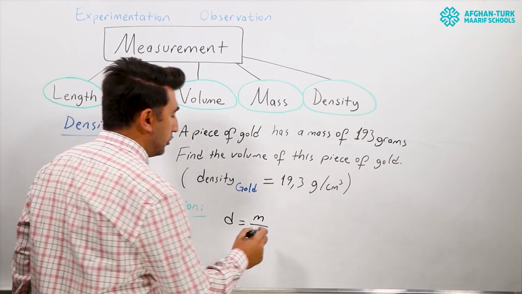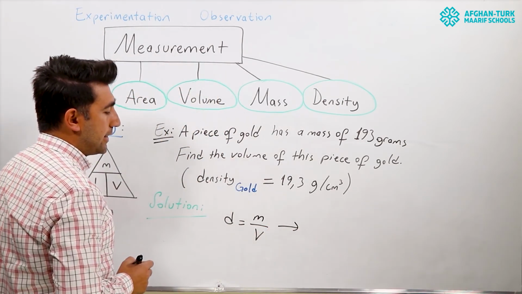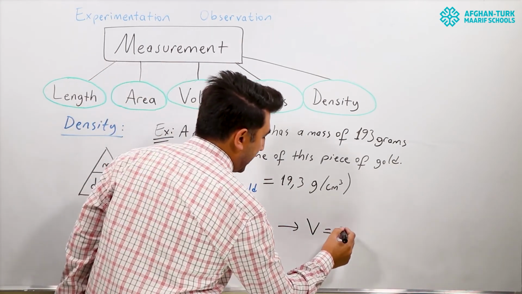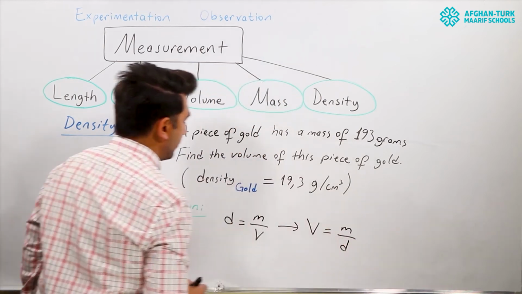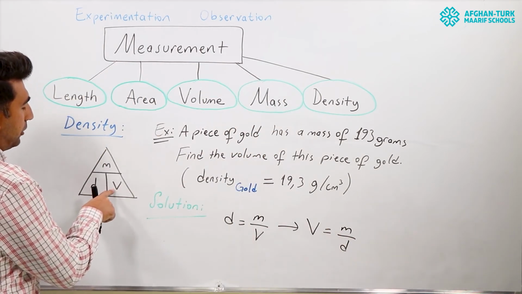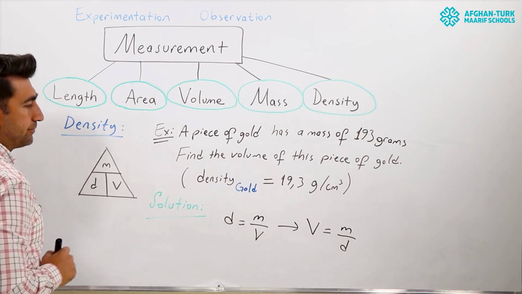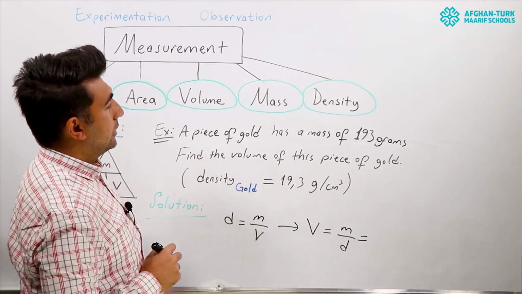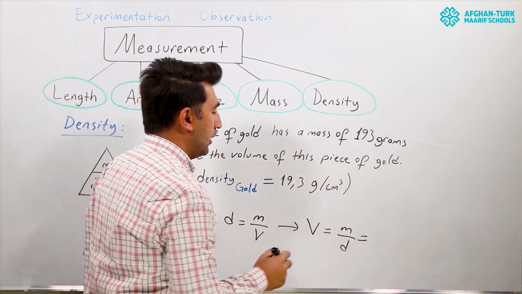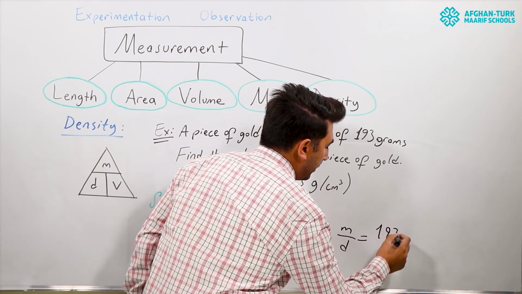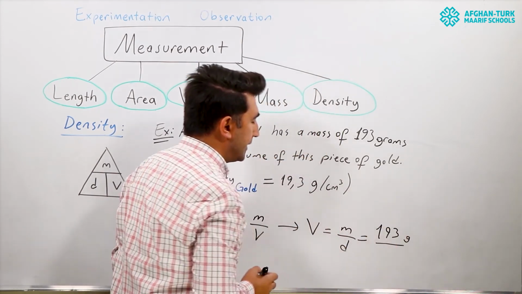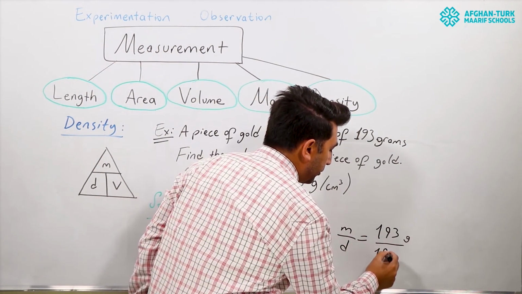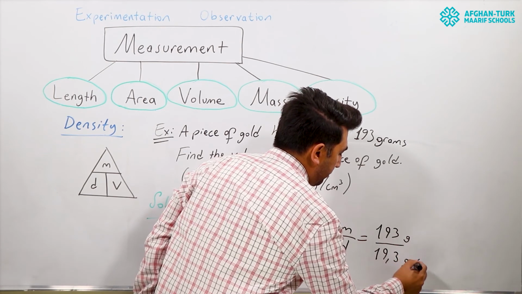I am trying to find the volume here. So I will extract volume from here. Volume is equal to mass divided by D. You can also find it from this triangle, volume is equal to mass divided by D. And the mass, a piece of gold has 193 gram, divided by the density, and density is already given in the question, and it says 19.3 gram per centimeter cube.